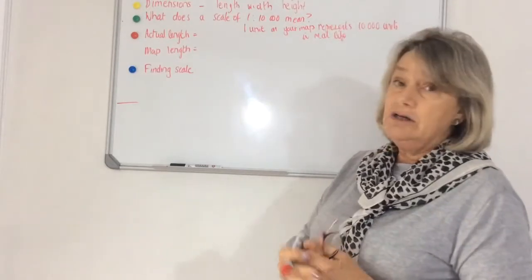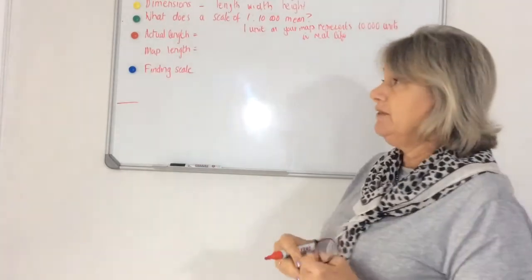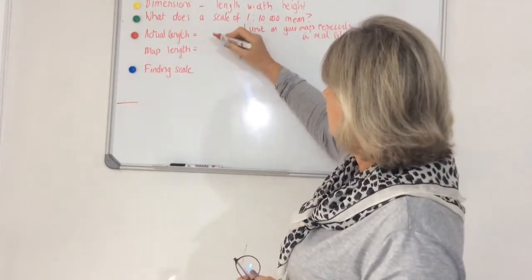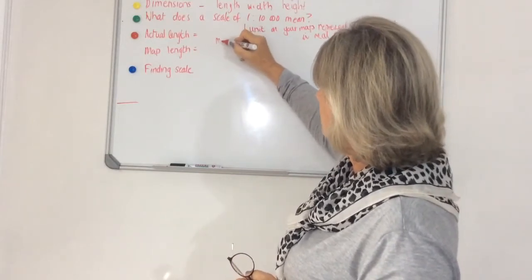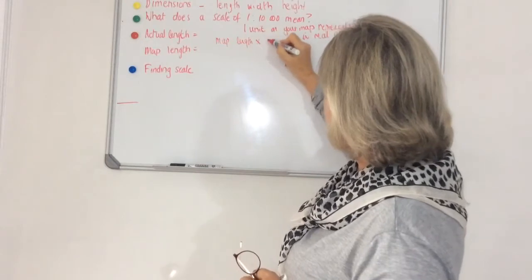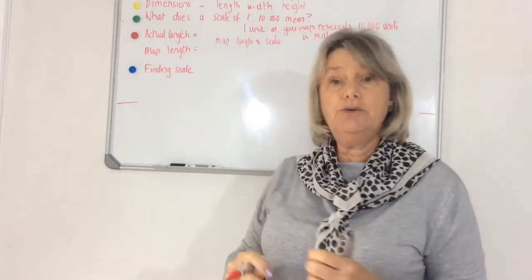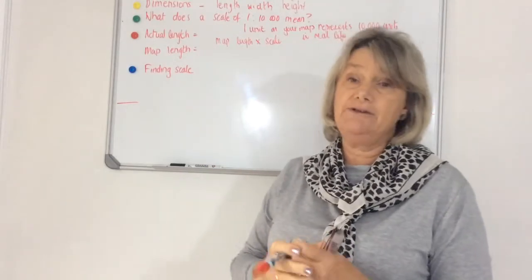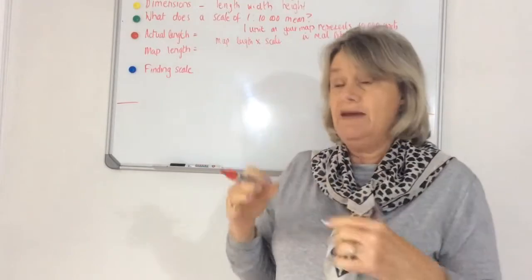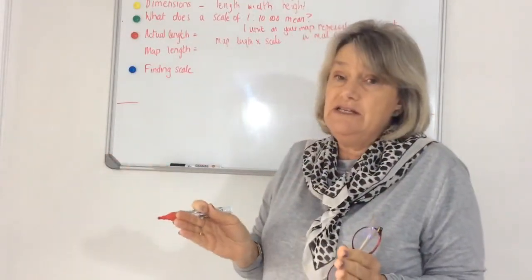Now, if you are given a scale and a map length and you want to find the actual length, then you take your map length and multiply by the scale. To find actual, you will always multiply by your scale factor, because the real thing is that many times bigger than whatever is on your map.